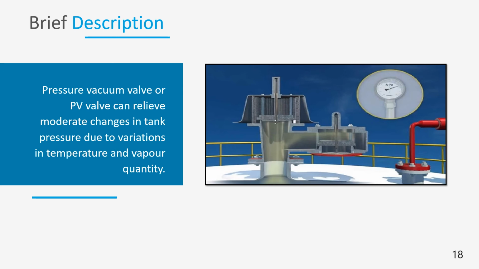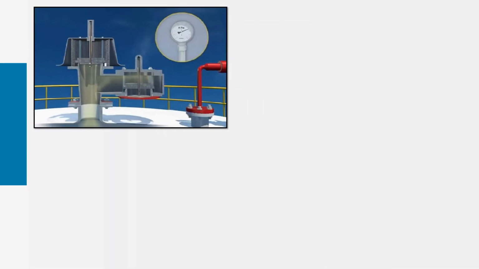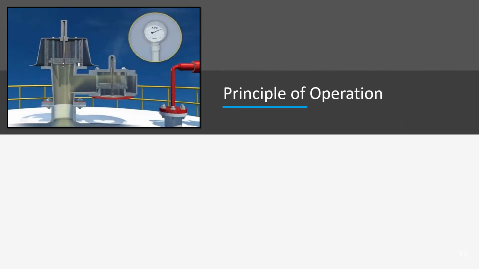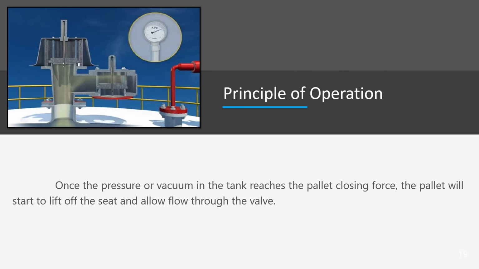So let's discuss the principle of operation. Once the pressure or vacuum in the tank reaches the pallet closing force, the pallet will start to lift off the seat and allow flow through the valve.